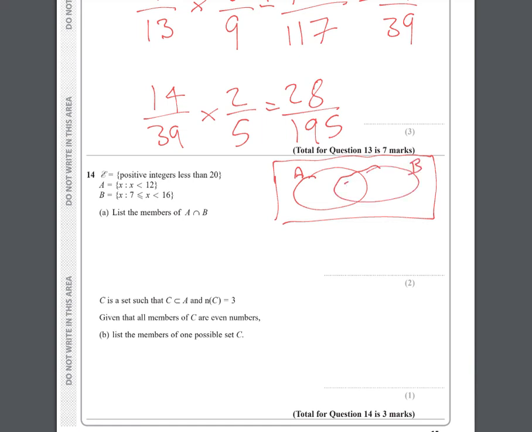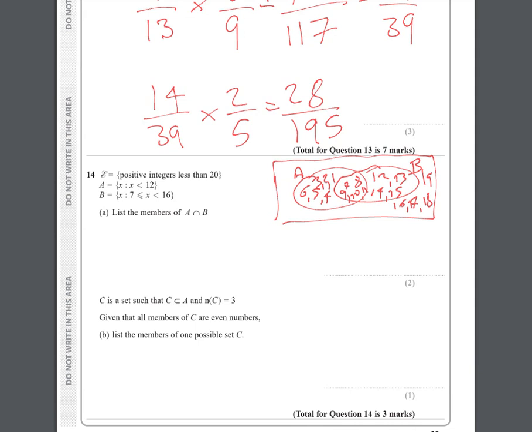So we've got 7, 8, 10, 11. A is less than 12, so that's 6, 5, 4, 3, 1, 11, 12, 14, 15, and out here we've got 16, 17, 19.